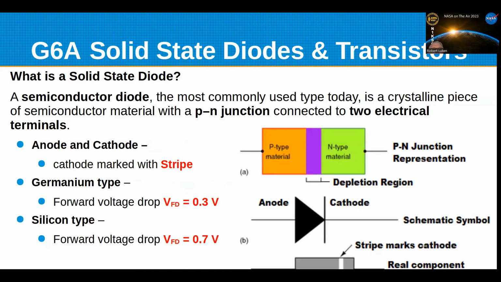So what is a solid state diode? There we go. It's a crystalline piece of semiconductor material, normally silicon, that is doped.